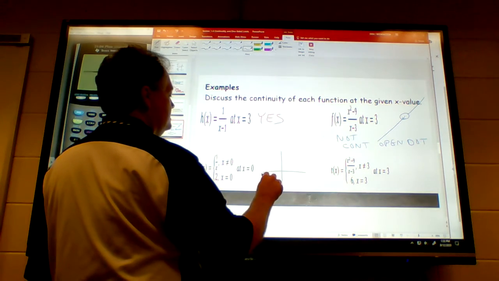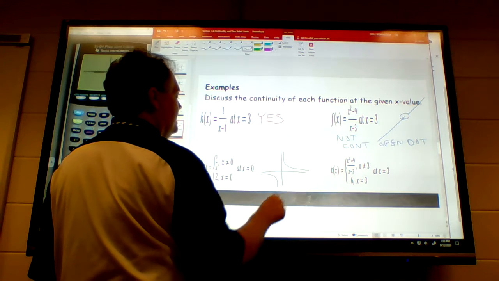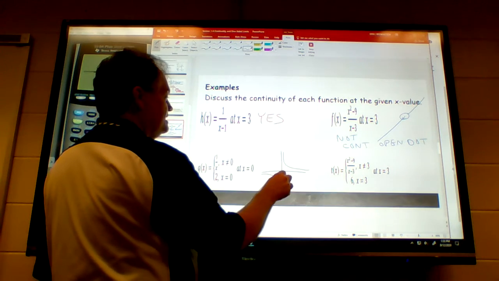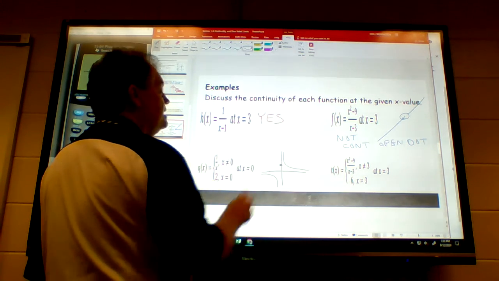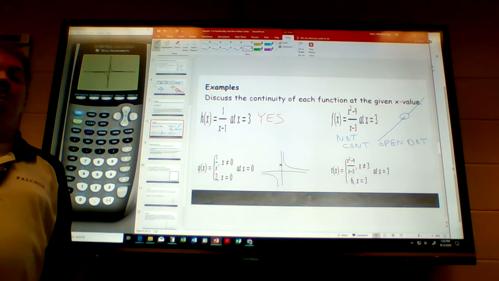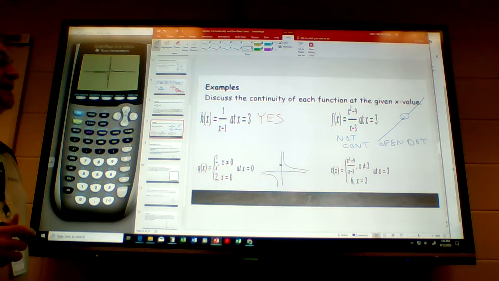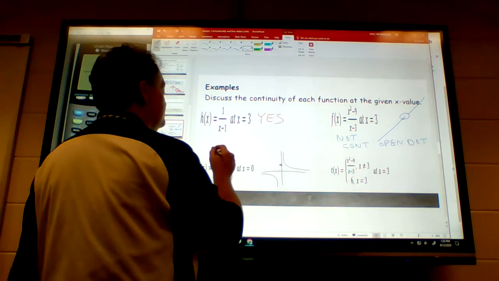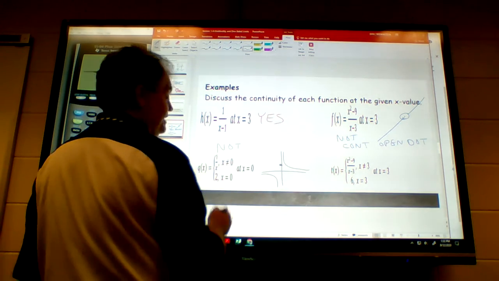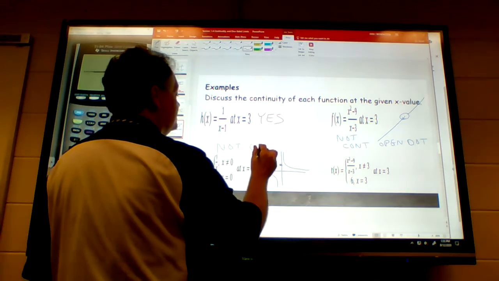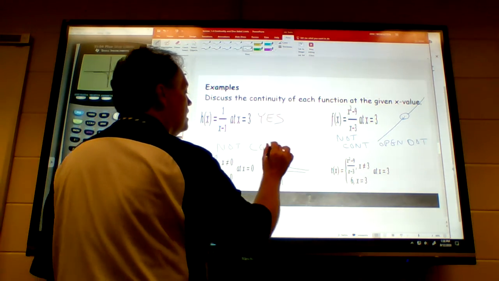But then at x equals 0, it's 2. Is that continuous? No, it's still not continuous because the limit is not the same as the value at x equals 0. So it's not continuous. And you can look at it by graphing it and see that it's not continuous.